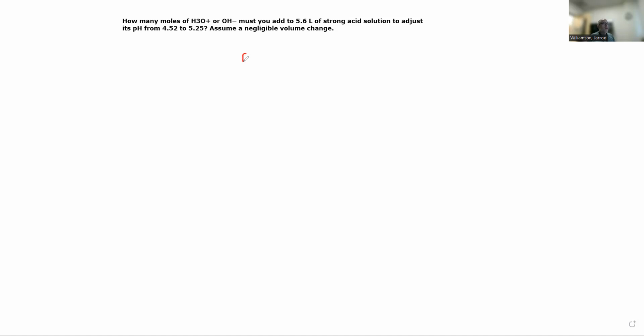So the concentration of hydronium ion, I'm just going to write H plus, at 4.52 will be 10 to the minus 4.52, and that will be equal to, this would be easier if I text.